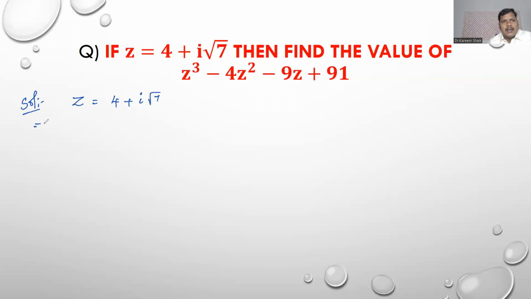Can I write it as z minus 4 equals iota times root 7? Why? Positive 4, when we transpose it from the right hand side of the equal sign to the left hand side, becomes negative. Now I want to square both sides. So, squaring on both sides.